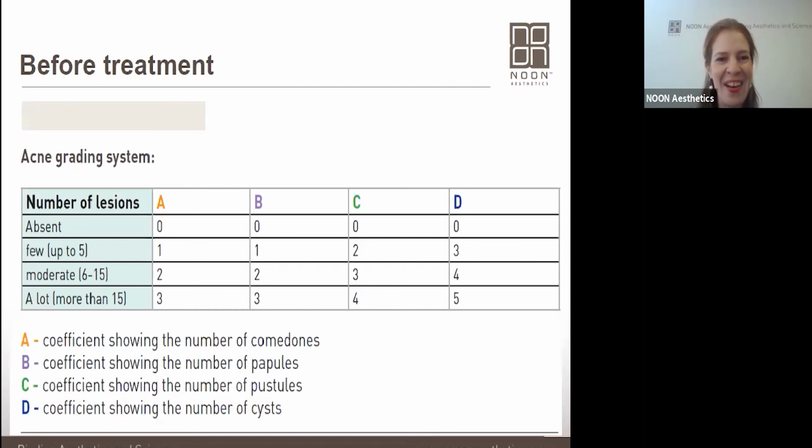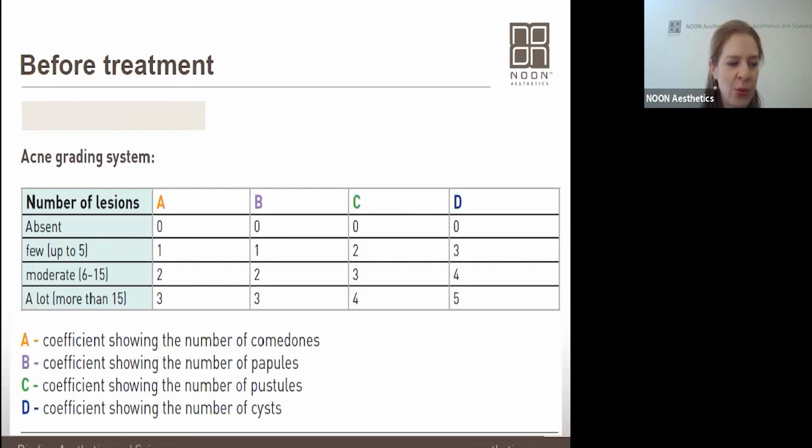Before I spoke so much about the treatment, but there is one thing that we must do before the treatment, and this is the grading of the acne, so we can know how we can treat acne. This grading you can see in the guidebook of protocols.